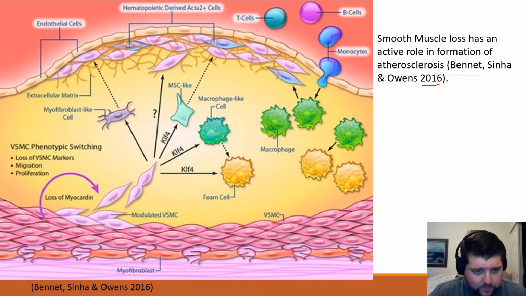So here we can see the loss of the myocardium, which is the smooth muscle cells. In this study, they found that as these cells break down and come away from the smooth muscle, they start breaking up and they form all these different constituents here. And macrophages break them down into these foam cells.